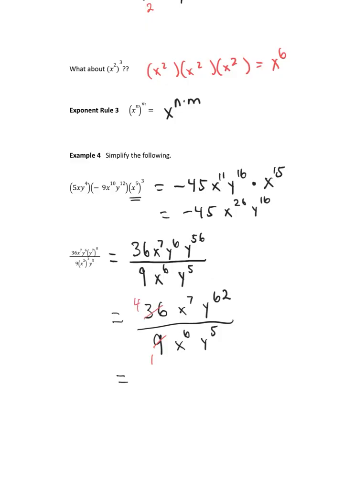That would be 4. And then what happens with the fraction? That would be x to the 7th, but x to the 6th is canceling out 6 of those factors. So 7 minus 6 would be 1. So x to the first power would just be itself. And then y, you would subtract 5 of those factors. So that would be y to the 57. And there you have it.